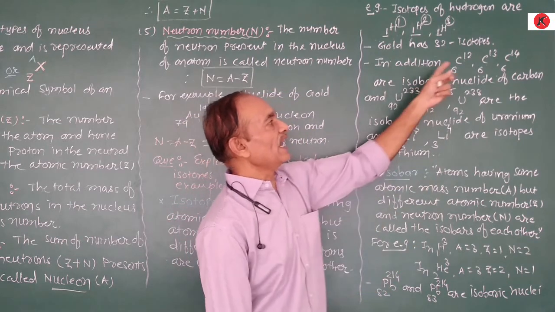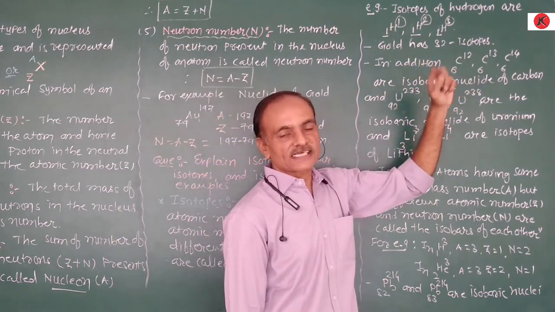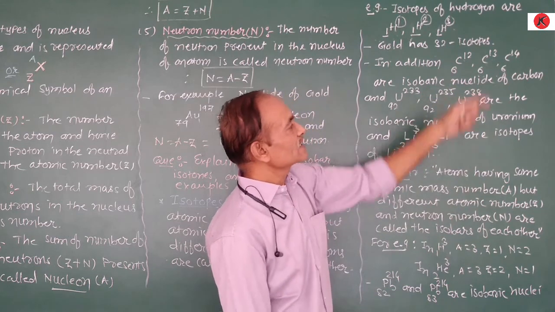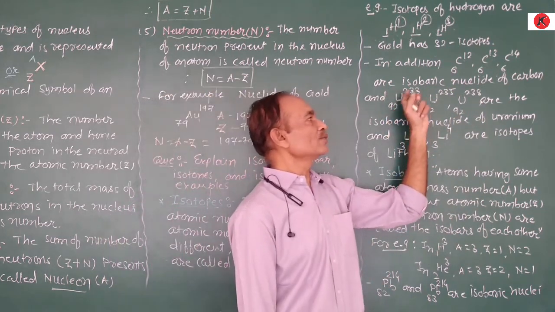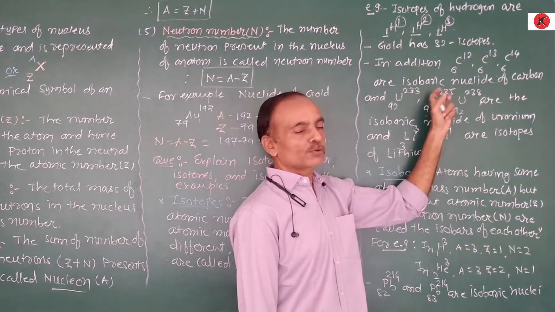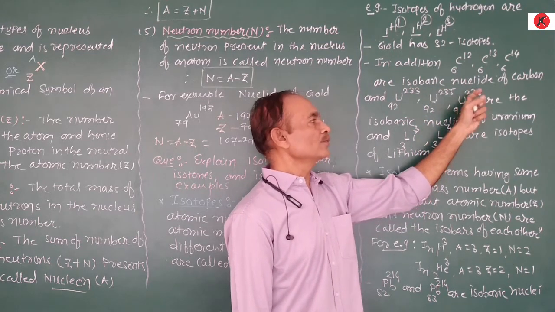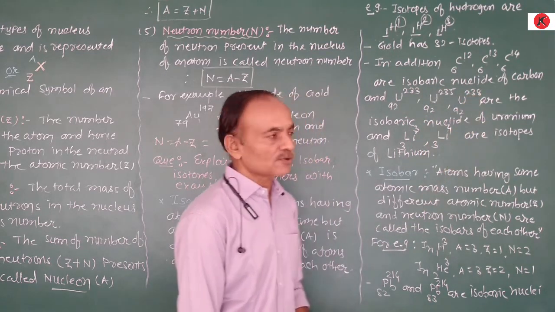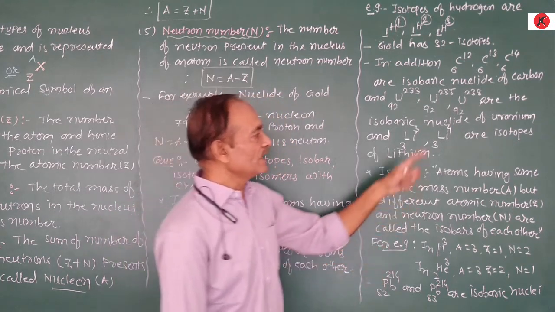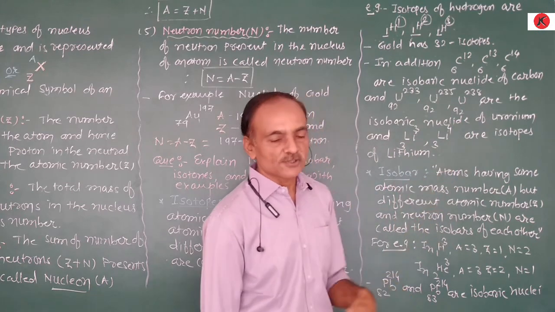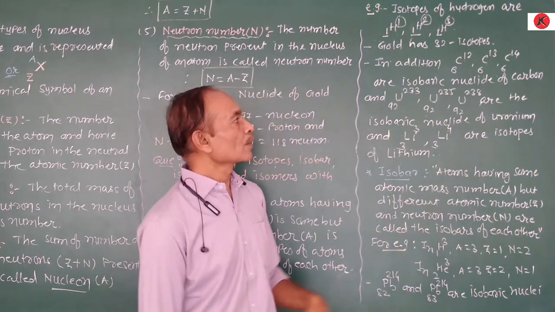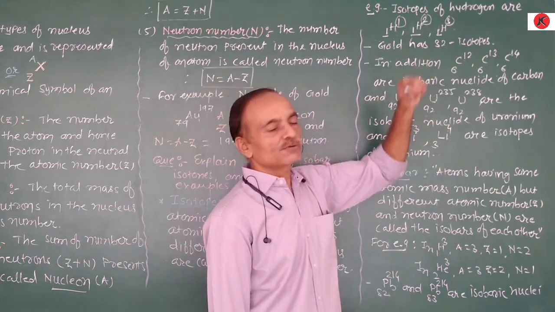Carbon has the isotopes 6C12, 6C13, 6C14. Uranium has the isotopes 92U233, 92U235, 92U238. For lithium, 3Li6 and 3Li7 are the isotopes. Gold has 32 isotopes.